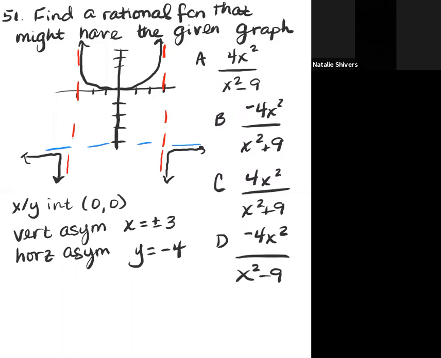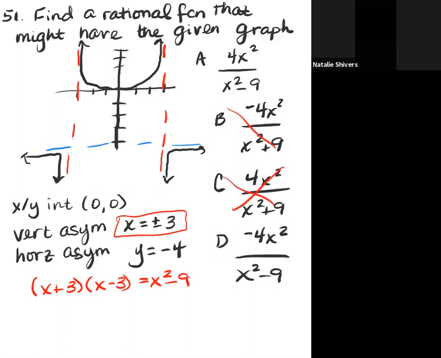All right, the first thing I see right away is these vertical asymptotes at x equals plus or minus 3. That's going to give us x plus 3 and x minus 3 on the bottom, which simplifies to x squared minus 9. So because of that statement, I can cross off C and B.